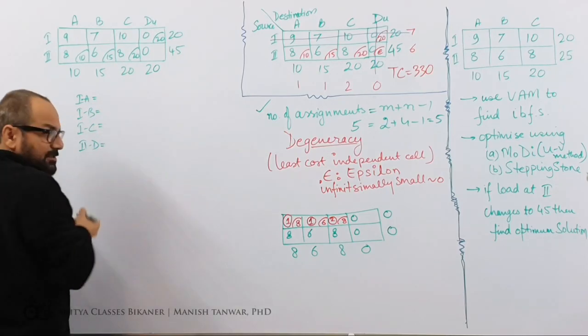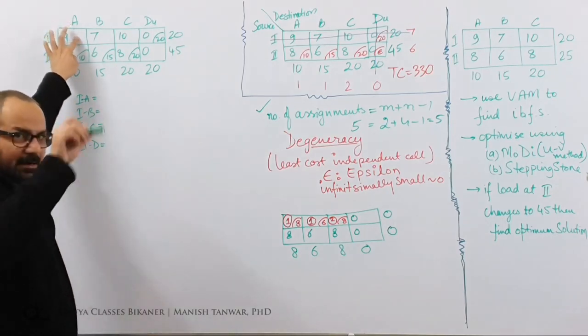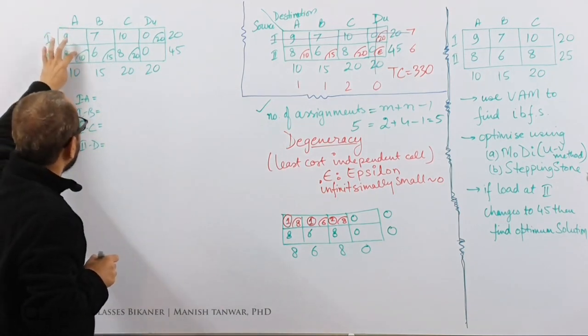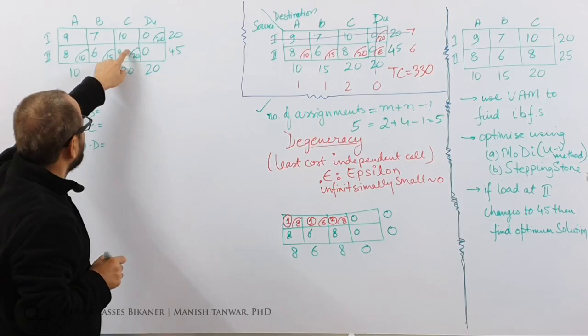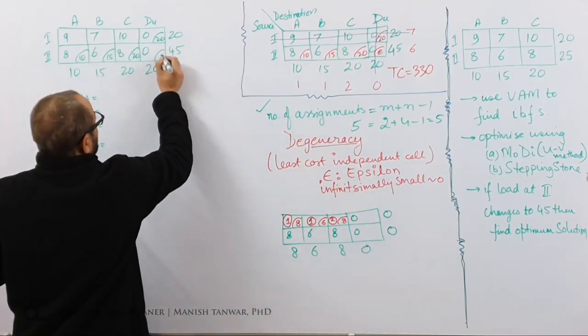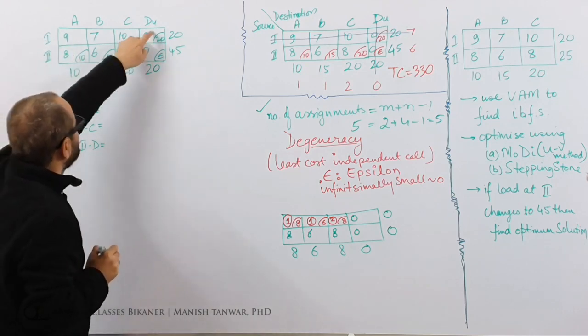Let me calculate potentials for all. If I start my journey from here, can I trace a closed loop? I can come here, I can go here. Okay, there was an epsilon over here. I can come here, jump here, jump here.